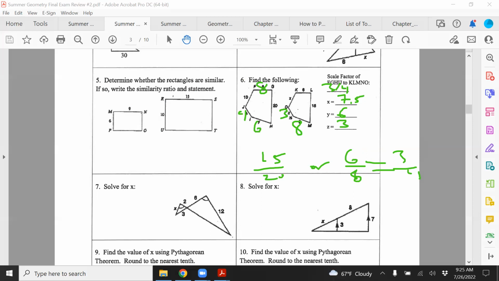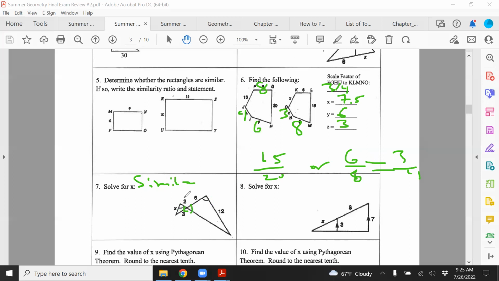Okay. So more of the same. These are similar triangles. How do I know that? That's because these angles are the same. And also these are going to be the same, right? Because they're vertical angles.